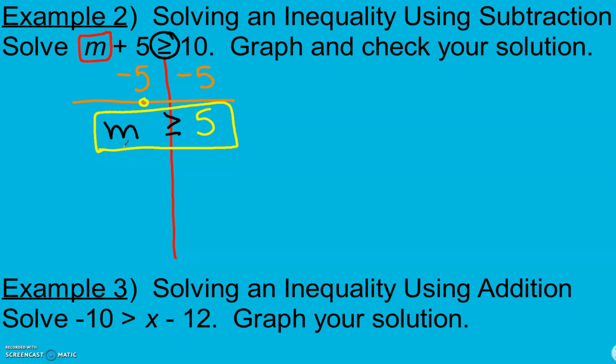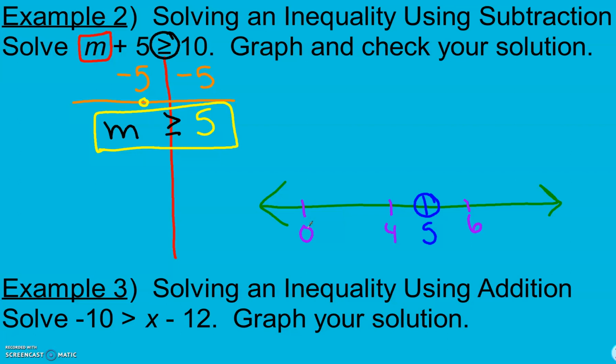So that is my solution. Now we want to graph and check. So when we go to graph here, I'm going to put 5 and a circle at 5. I also want to have the next number bigger, the next number smaller, and approximately where 0 is, which side it's on. 0 is to the left of 5.